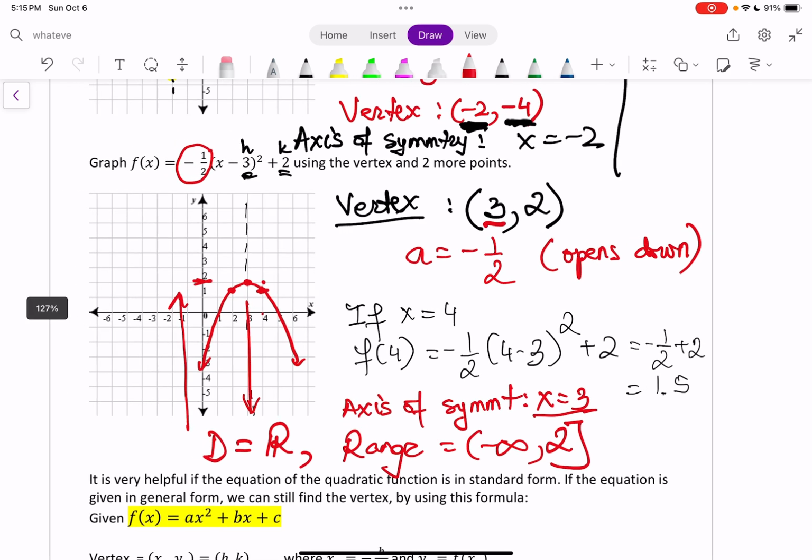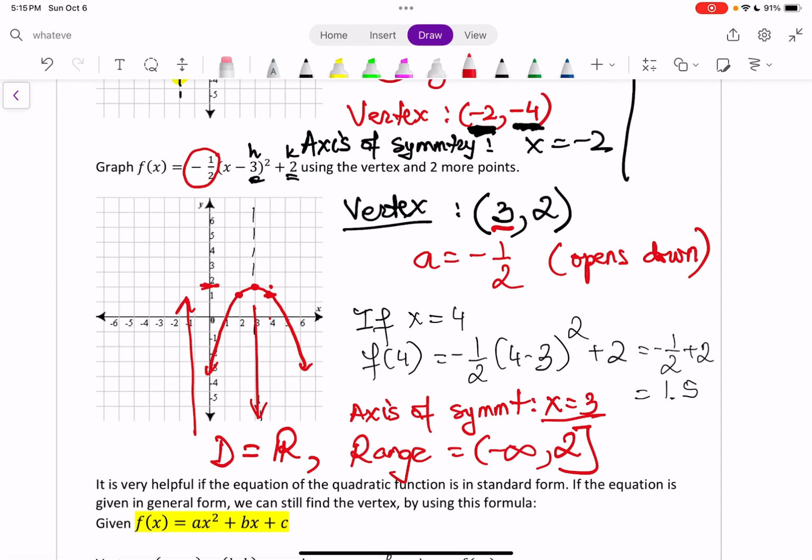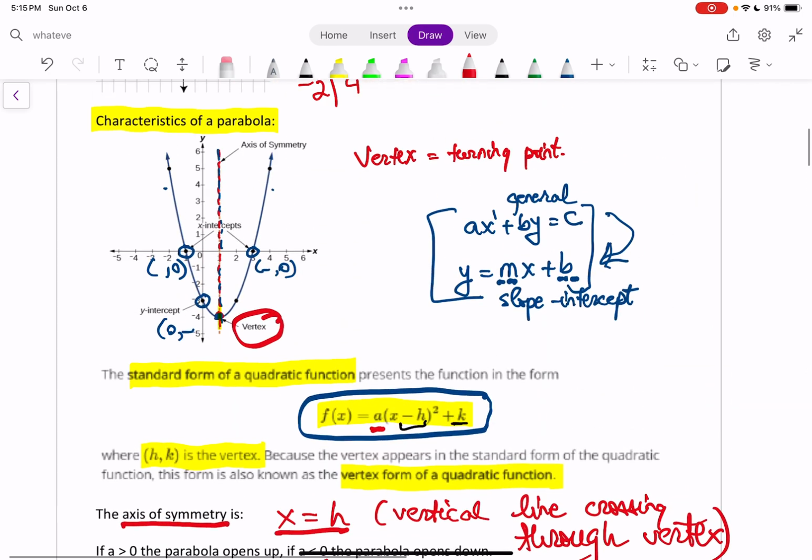All right, so it is very helpful if the equation of the quadratic function is in standard form, or in other words, in vertex form. If we do have the vertex, it's kind of like in a linear function or a linear equation in 2 variables.